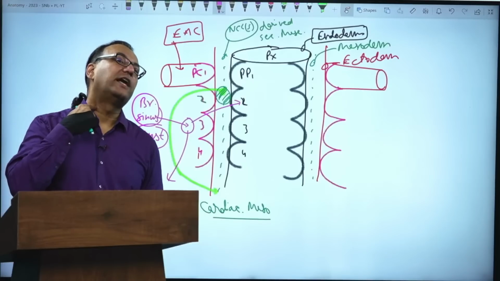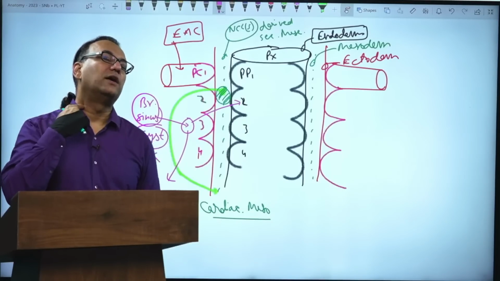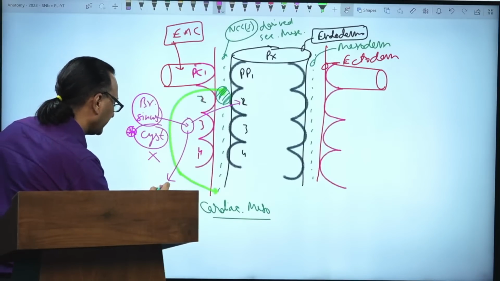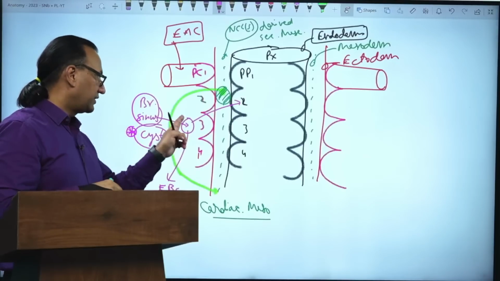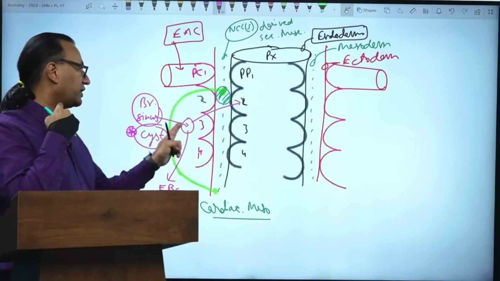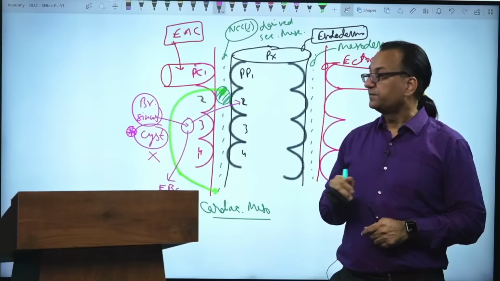Here, skin of lower neck, you must have seen branchial fistula. That will be external branchial sinus if it opens to the outside. But if you have one sinus here, two openings, then it will become a branchial fistula.